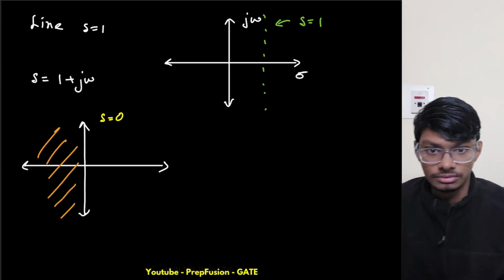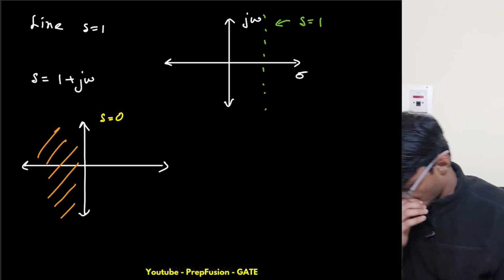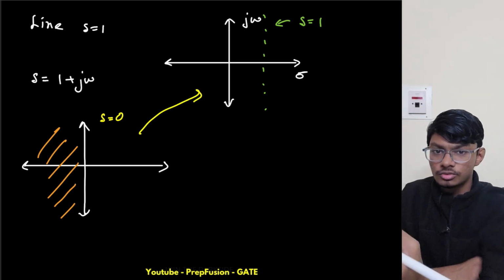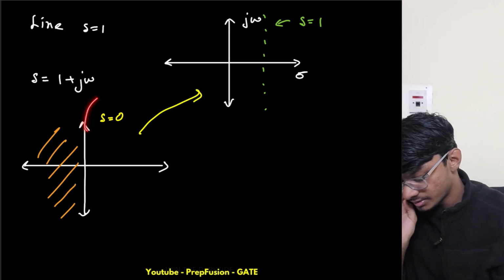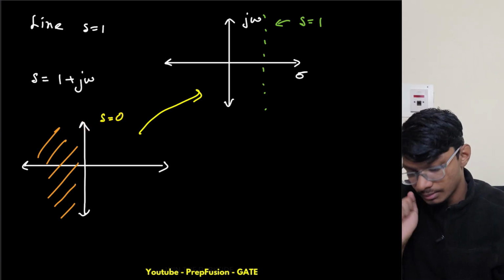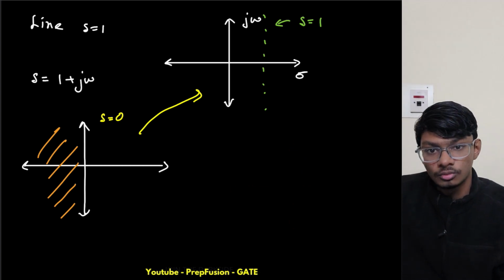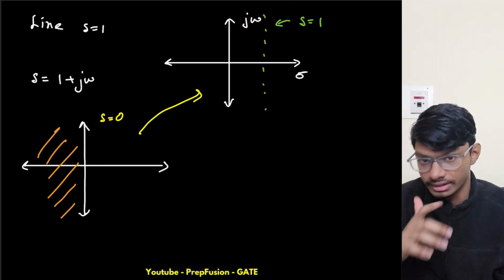I want to find my roots around this line. So what should I do? Can I change my variable so that my variable is around the s equals to 0 line, but actually I am finding the location at s equals to 1? So what can I do?